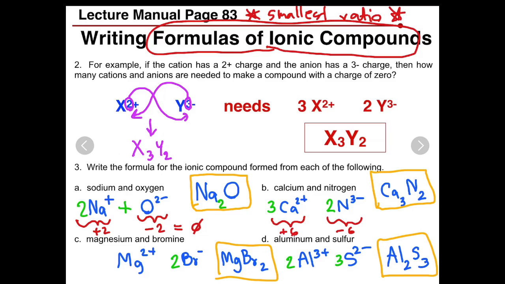Okay, so if you have something like a combination between, let's say, calcium 2 plus and oxygen 2 minus, this is already a 1-to-1 ratio. So the correct chemical formula of this would be just calcium oxygen like that, right? So this would be the correct chemical formula.